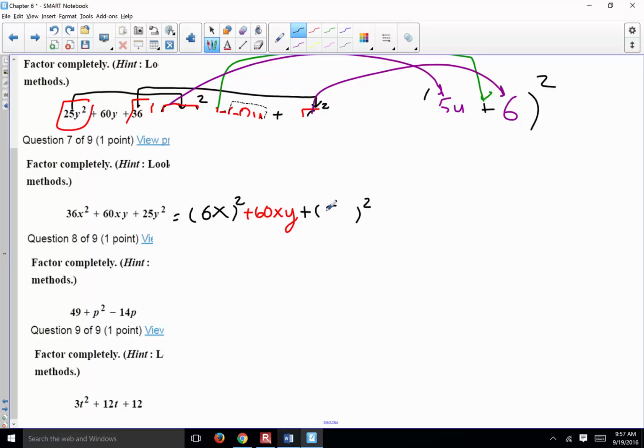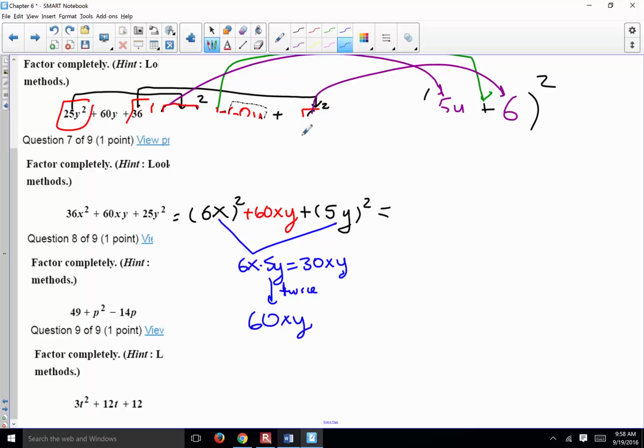It is 5y. Alright, test. Multiply these two. Multiply 6x and 5y, which is 30xy, because 6 times 5 is 30. And twice it. And check if you have a match.